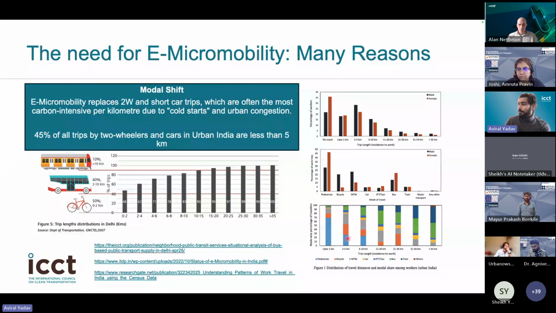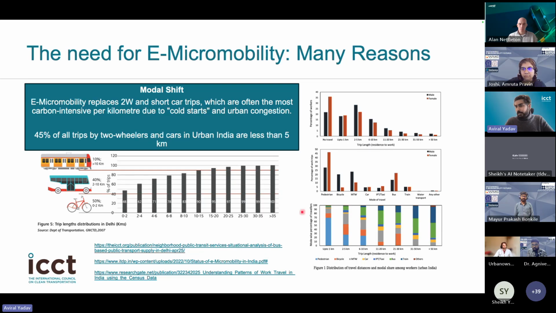For 2 to 5 kilometers, again pedestrians, a significant number with bicycles, all good. But then again, two-wheelers have a good enough share, and then some trips are also by car. And the same happens as we increase the distance. The share of motorcycles increases significantly.